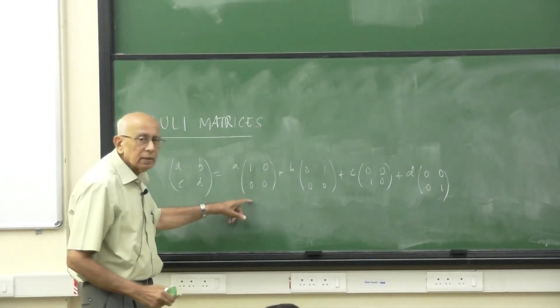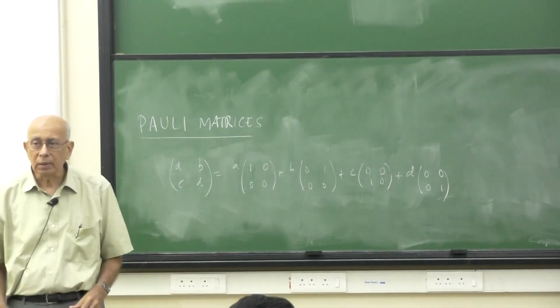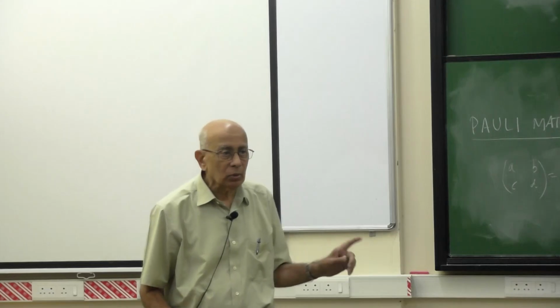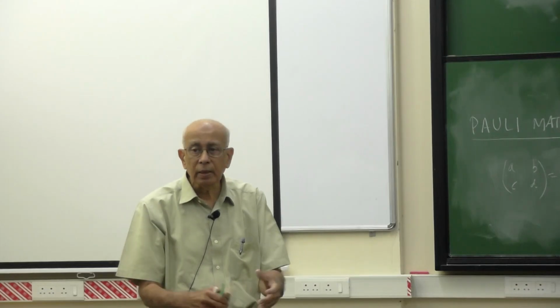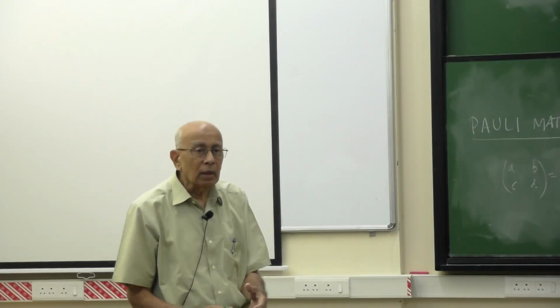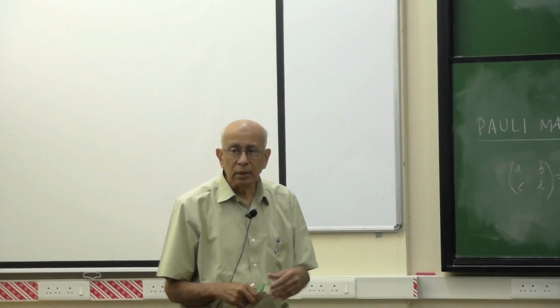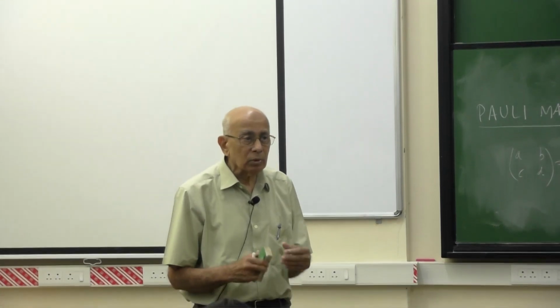This forms a basis set in the space of 2 by 2 matrices. But there is another basis set which is more useful than this set. This is the natural basis. That's the way you write a matrix; when I write a matrix, that's what I mean. They never tell you what basis you are writing the matrix in, but it's implicit that the natural basis is used. Otherwise, each time they would have to specify that.